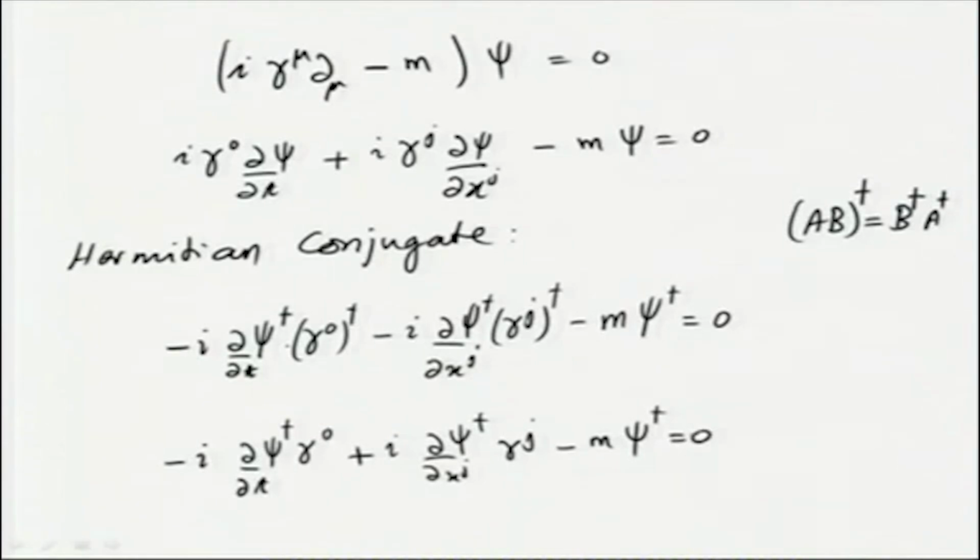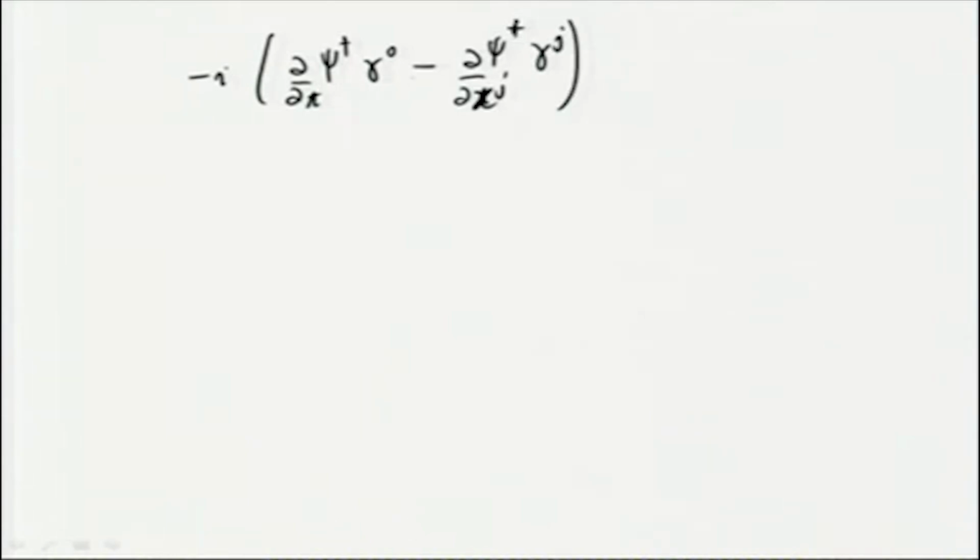So, this is now a little difficult situation here, because we will not really be able to write it in a covariant fashion. For that is because this is now minus i dou by dou t of psi dagger gamma 0 minus dou by dou x j of psi dagger gamma j. Instead of a plus, it is a minus relative to the 0th and the spatial components.